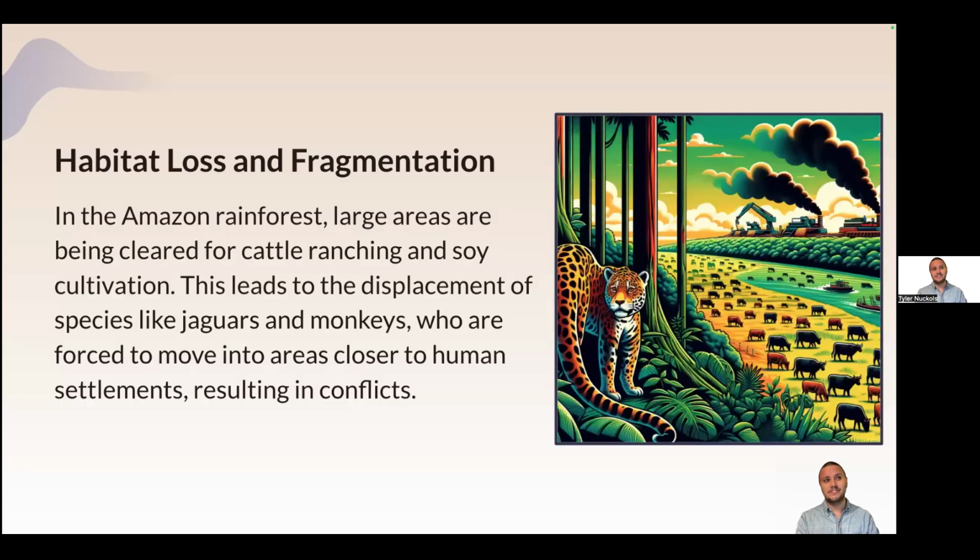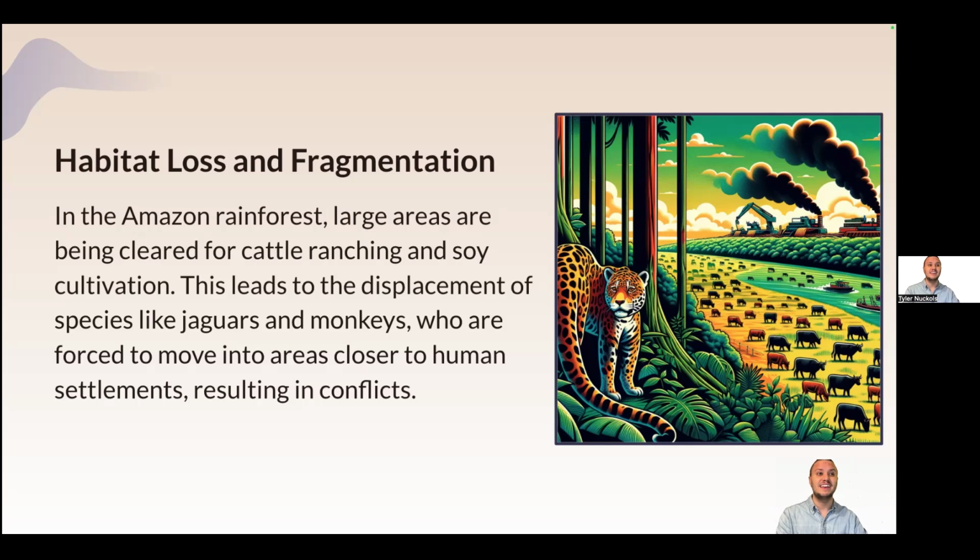So habitat loss and fragmentation is going to be one of the most significant causes of human wildlife conflict. And you can think about habitat loss and fragmentation not only as clear cutting forest, wiping species habitat out, but also a slow cookie cutting, a reduction in size, but also division of contiguous forest or continuous wildlife habitat.